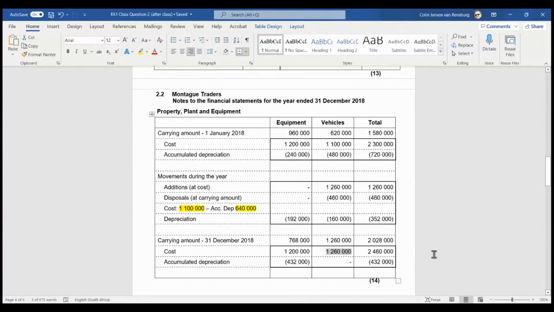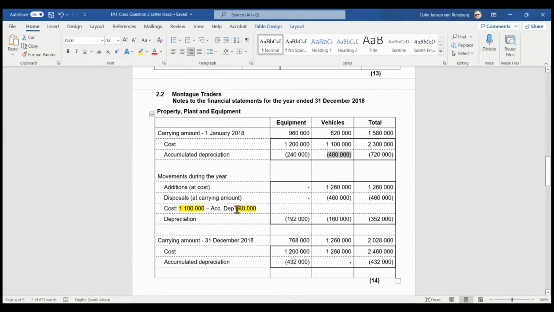Right. Now let's go and look at the accumulated depreciation on its own. The accumulated depreciation started with a balance of 480. So we're going to calculate it on the table, and then we're going to look at our ledger account to see whether that confirms it. So if we calculate it on the table, we see it started the year with 480,000.